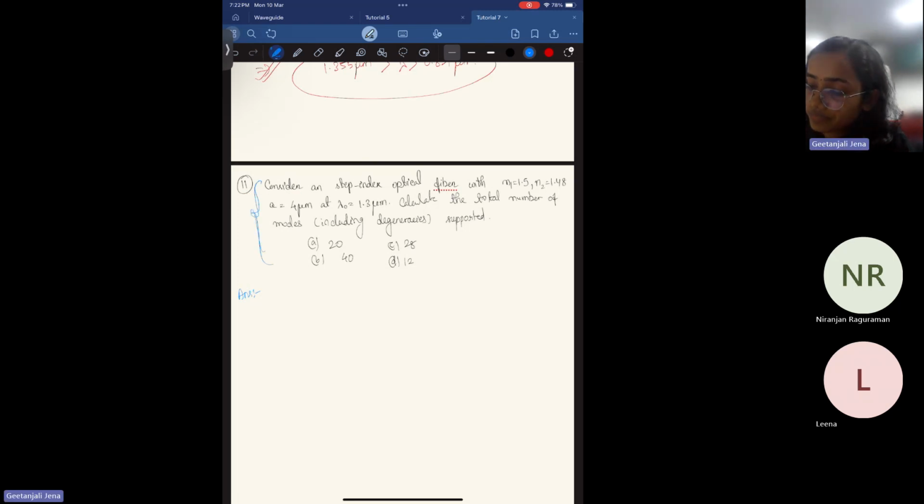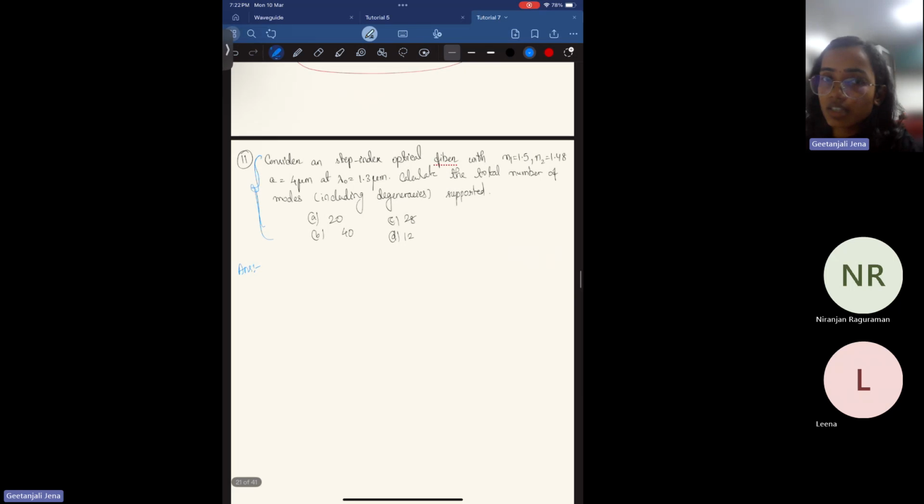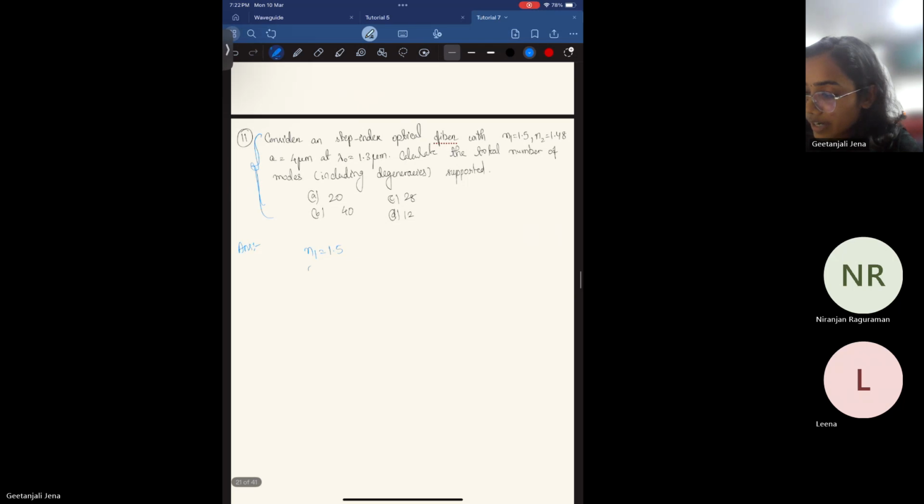Consider a step index fiber with N1 equal to 1.5, N2 is 1.48, and A is given as 4 micrometer.